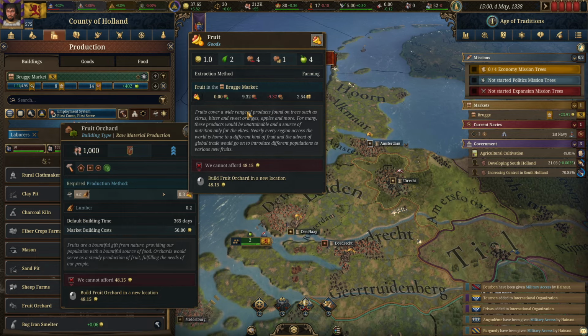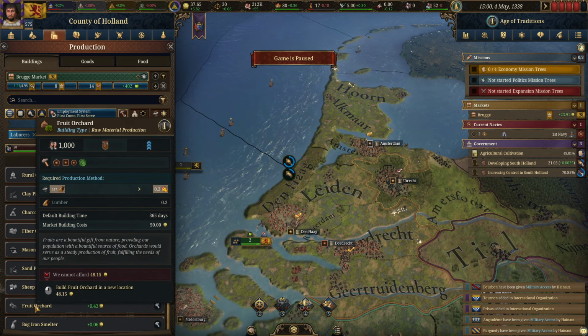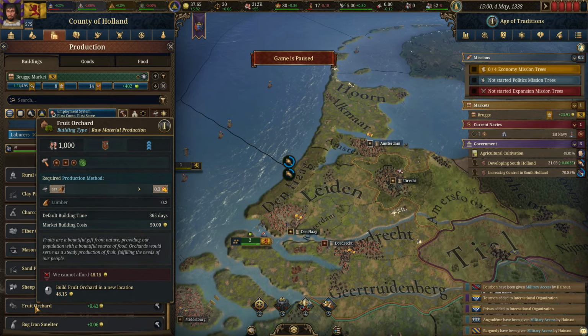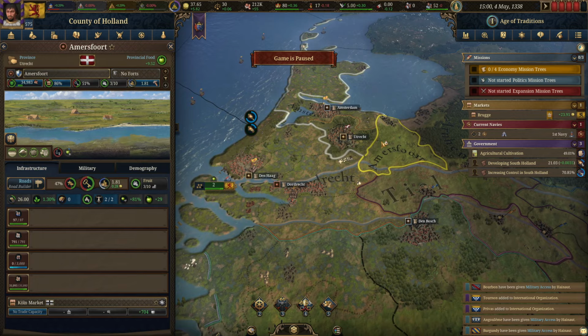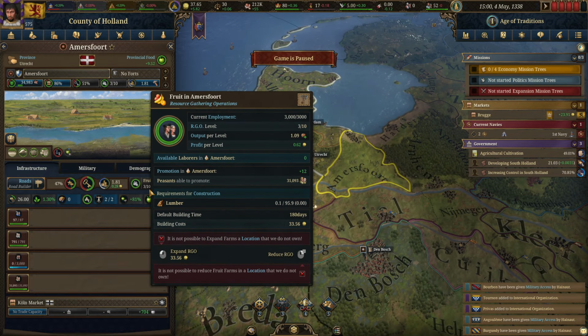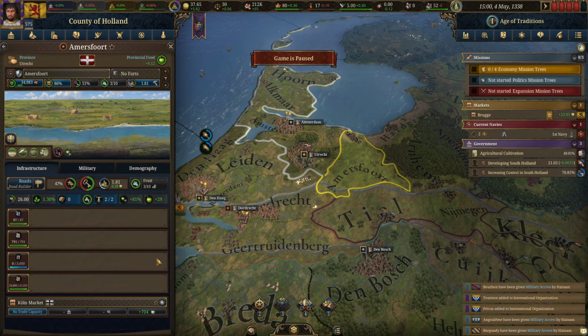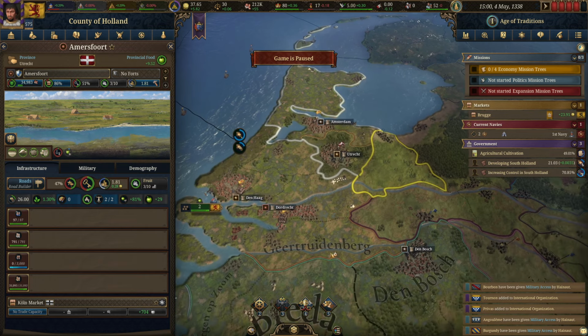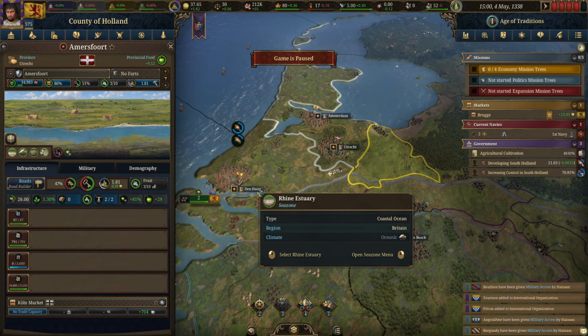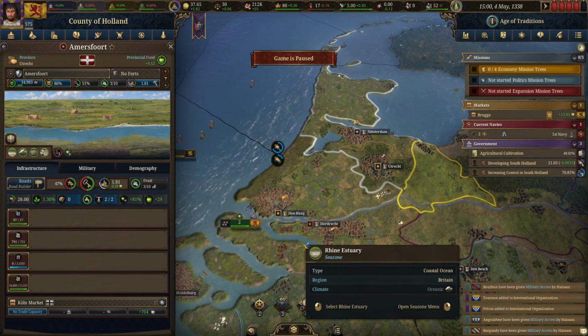If you notice that your trade capacities get used for importing fruit, this is the point where you should consider setting up a couple of fruit orchards to produce the stuff by yourself, because you can't rely on the AI rulers to increase the RGO levels according to the demands of the market. Sometimes they do, sometimes they don't. It's a little bit of a random deal.